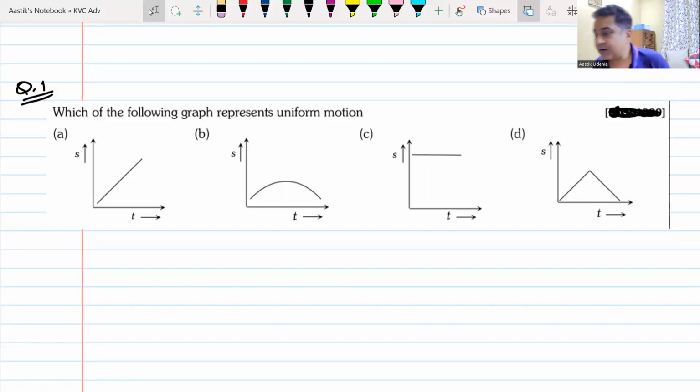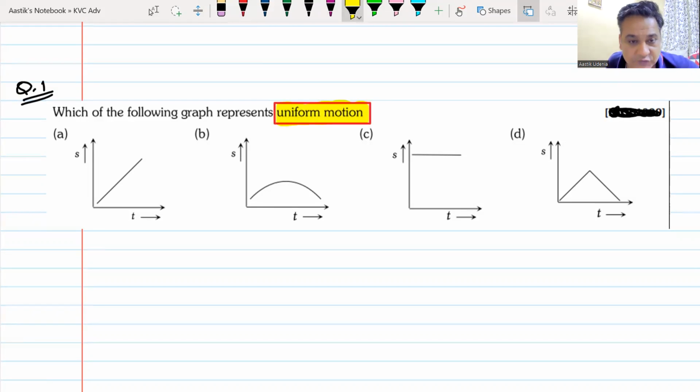Now, remember, whenever someone uses the term uniform motion, this term means motion with uniform velocity. Now, which of the following graphs represent uniform motion, a motion with uniform velocity, or I can say constant velocity?